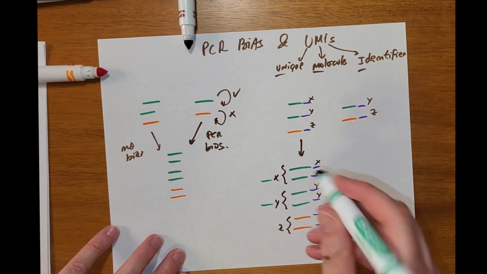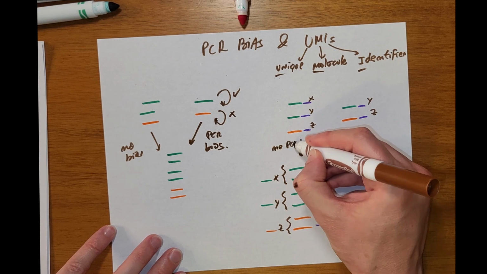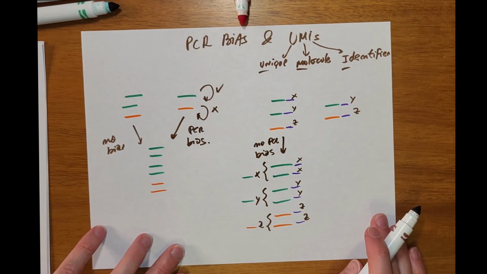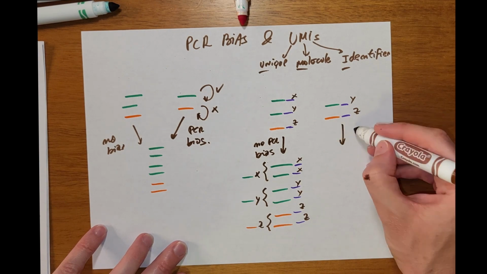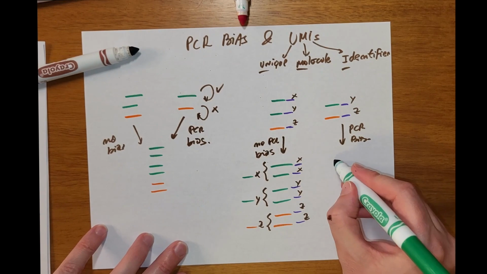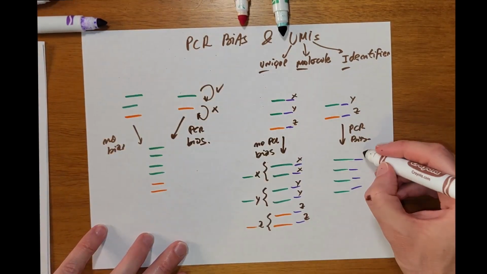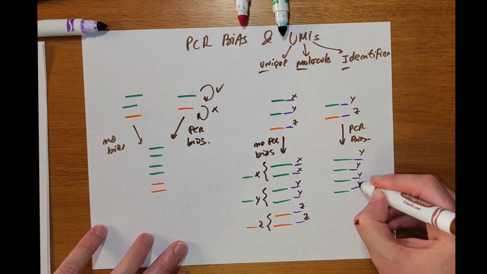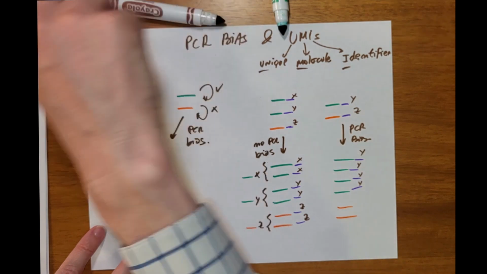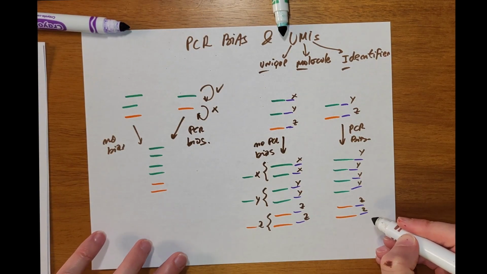the original proportions. And in this case, there is no PCR bias, so this is a little bit useless because we are collapsing everything proportionally. But in the case we do have PCR bias, we end up with a situation that we have 4 reads for the green, and all of them have the same unique molecule identifier, this YYYY, and then the set that is amplified less efficiently also has 1 unique molecule identifier.